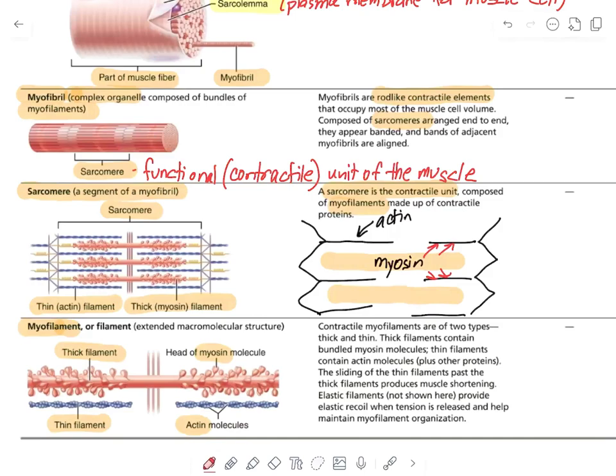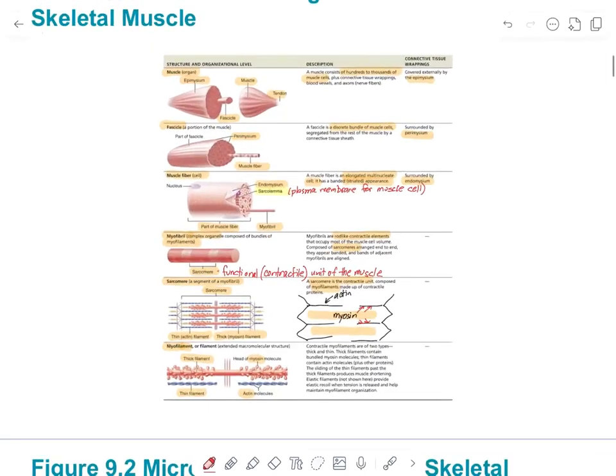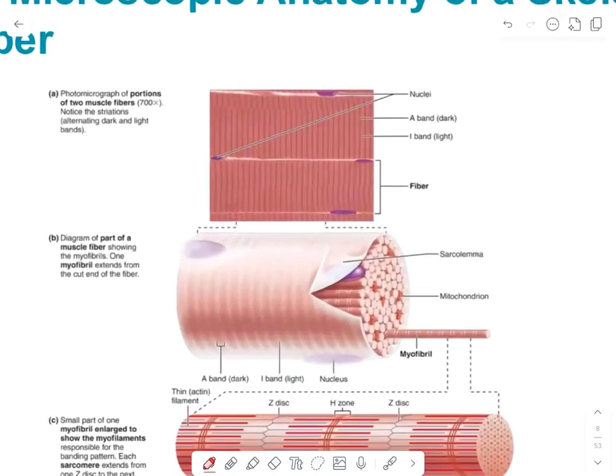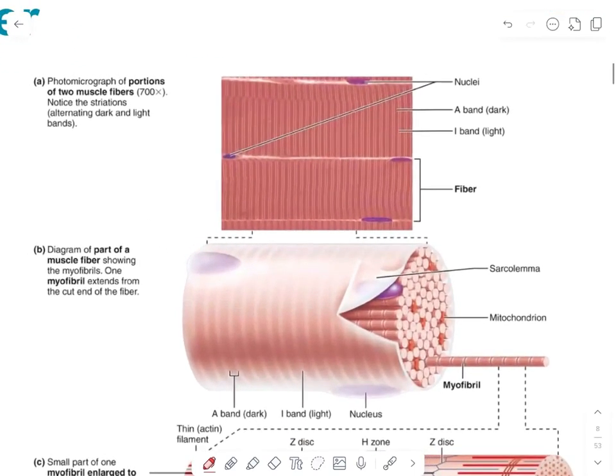So on our next slide, we see a little more detail, shown with a micrograph first. This is a portion of two muscle fibers. This is our muscle fiber, which is also, remember, the muscle cell. Within that, there are many different nuclei, as you can see.